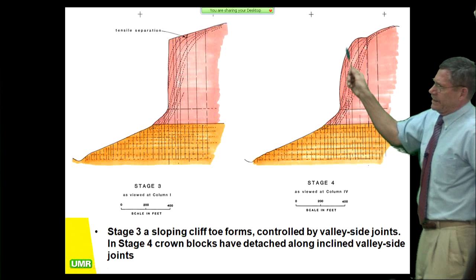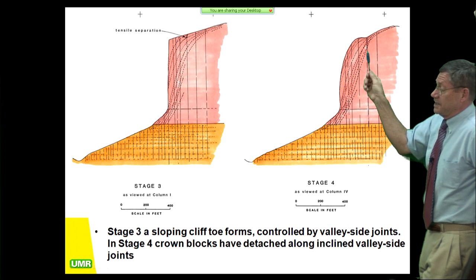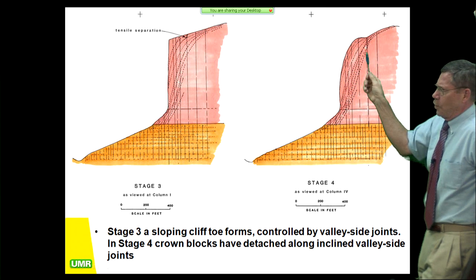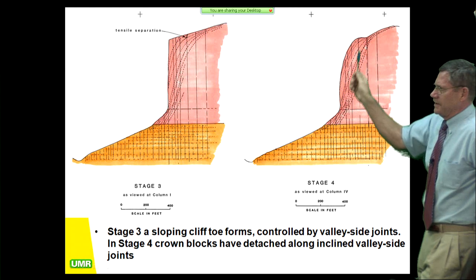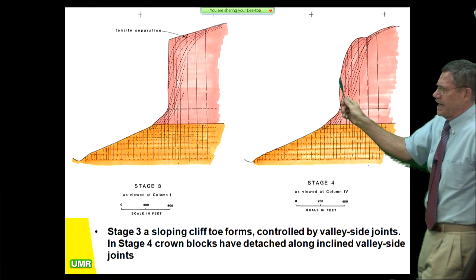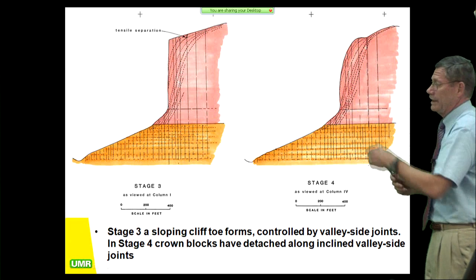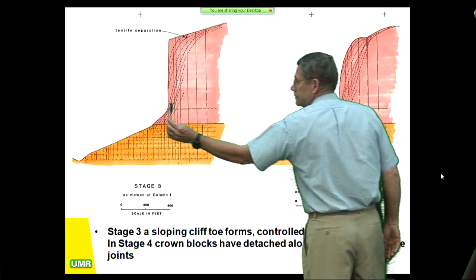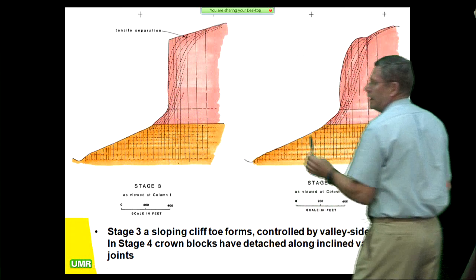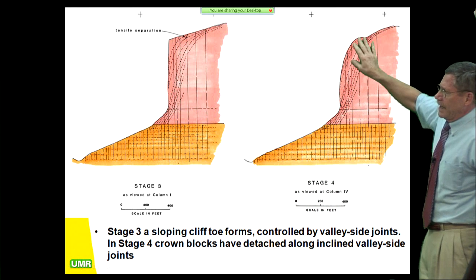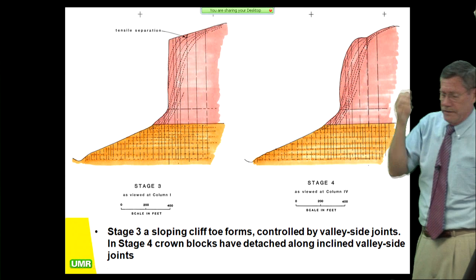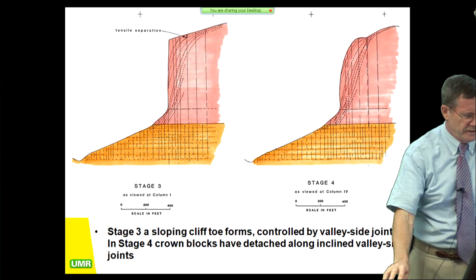Stage 4 is what exists right now at column 4, where it's very curvilinear coming down. This is a joint surface, and it's a secondary joint. It's curvilinear instead of being a regional joint. And so that's pretty similar to what you had going on at column 3 before it failed in 1958.